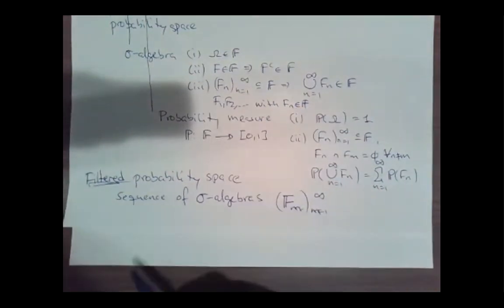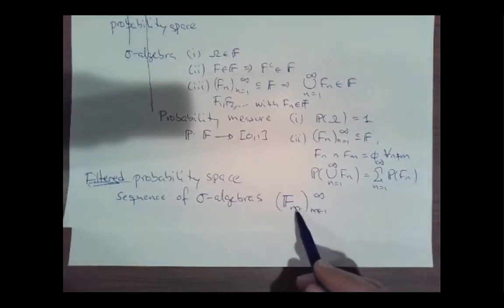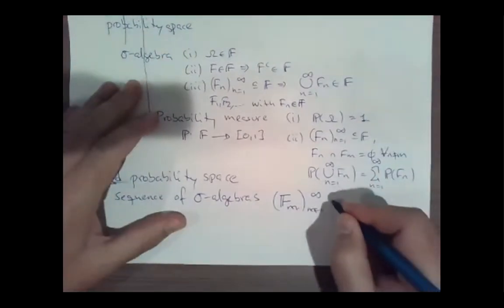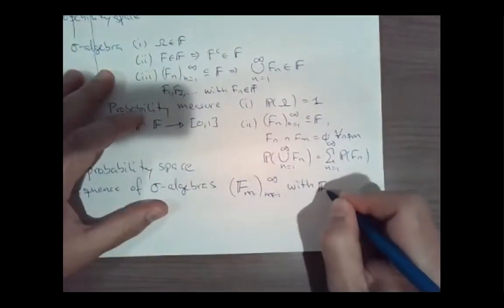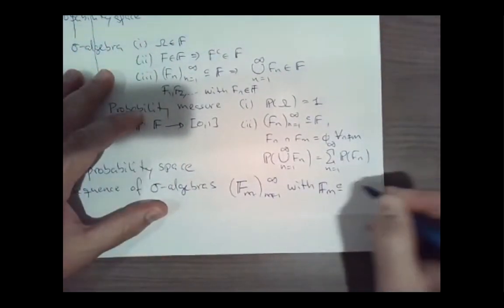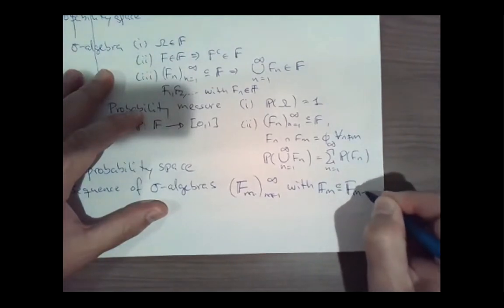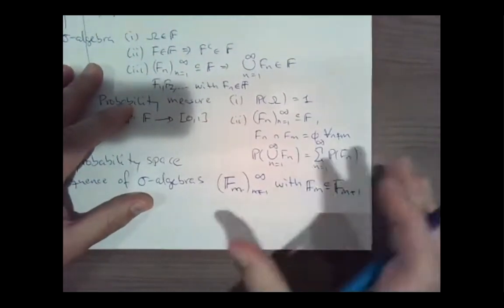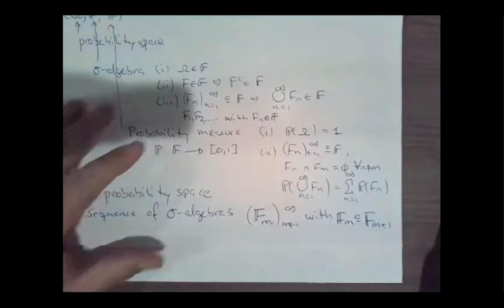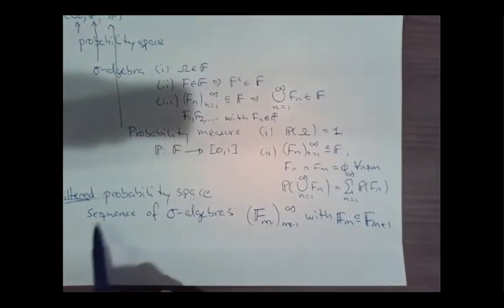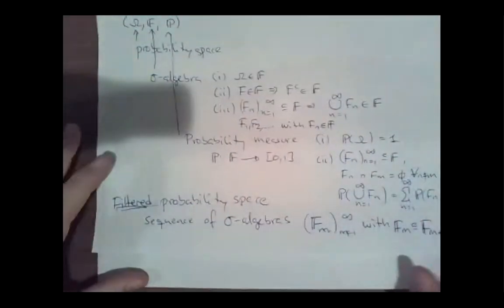And then on top of that I'll have this index here, and these things are ordered such that Fm is a subset of Fm plus 1. So they grow.